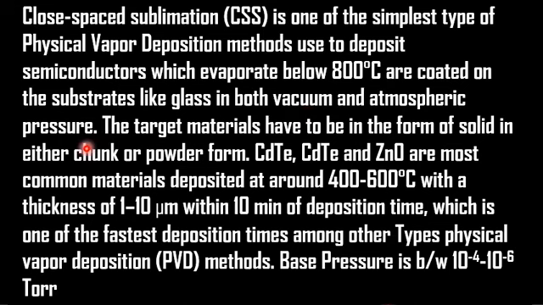But student, you have to keep this in mind. The film which is deposited at low vacuum has better quality, better performance and better purity, whereas the thin film prepared by closed space sublimation at atmospheric pressure or at higher pressure will contain a lot of defects and impurities.